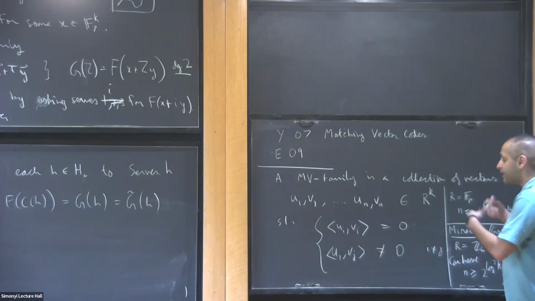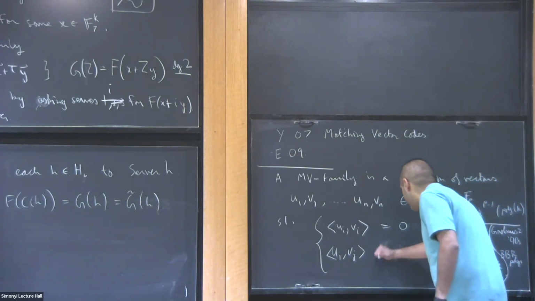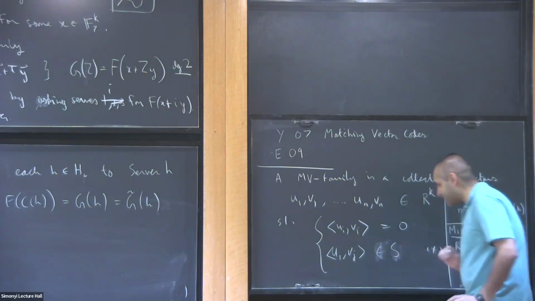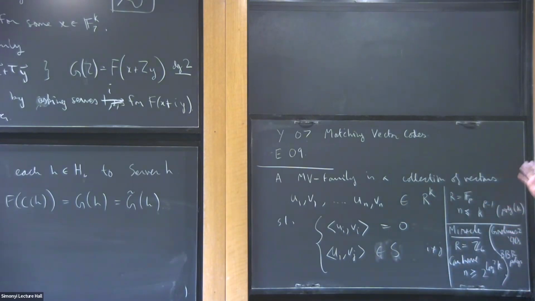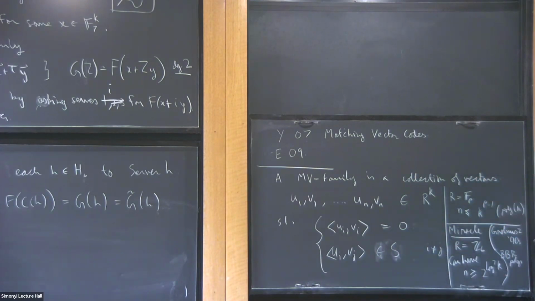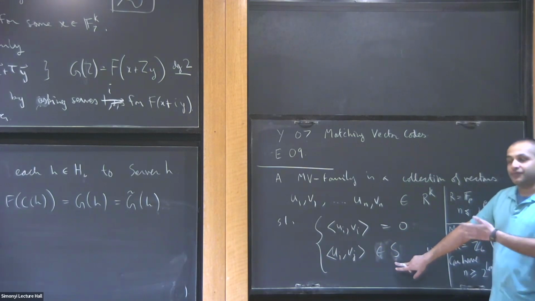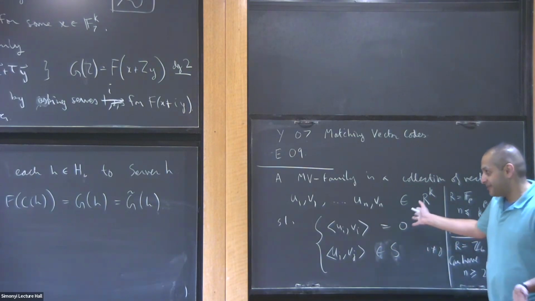You can also talk about not just 0 versus non-zero matching vector family, you can talk about 0 versus a special set S matching vector family. And Efremenko in his paper, apparently these constructions not only give general matching vector families, they give you these S matching vector families for special sets S. So for mod 6, it gives you the set 1, 3, 4, which has some special property.